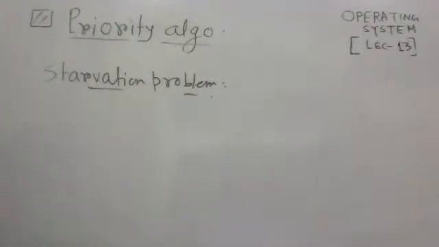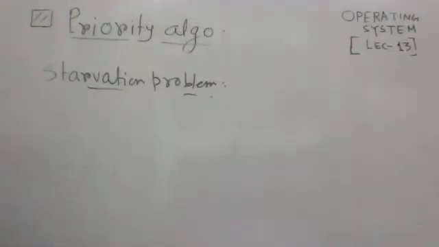What is starvation? A process is ready to run but waiting for the CPU indefinitely because of low priority, and this leads to starvation. High priority processes prevent a low priority process from ever getting the CPU. So this is starvation.